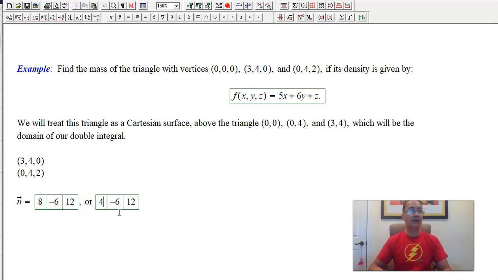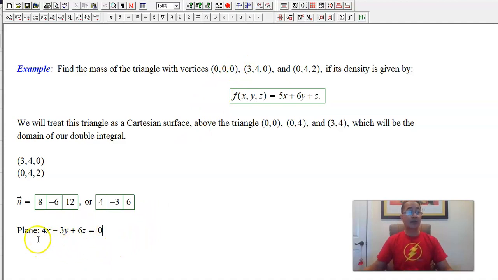So we will have as our normal vector 4, negative 3, 6. So the plane has equation 4x minus 3y plus 6z equals 0 because we are passing through the origin.